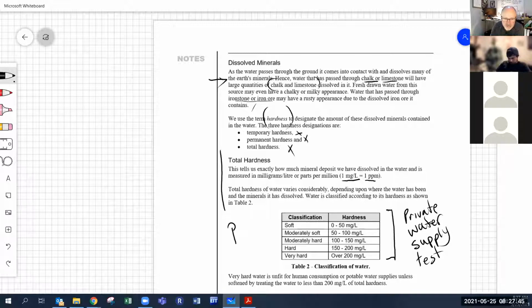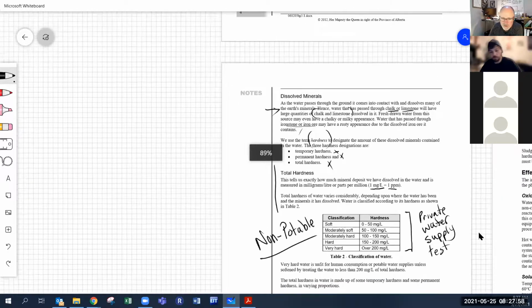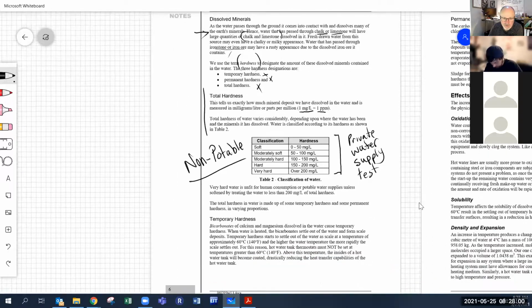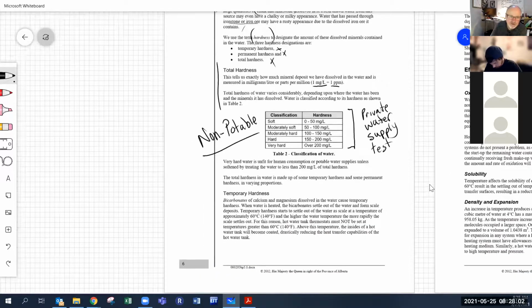Some of this very hard water might be non-potable, meaning it's unfit for human consumption. All right, so that's total hardness. So there it is there. Very hard water is unfit for human consumption.